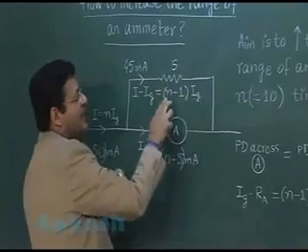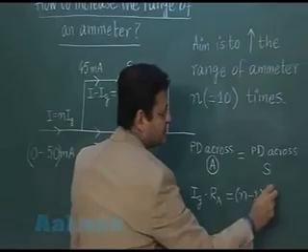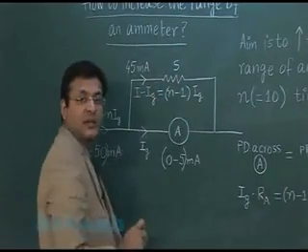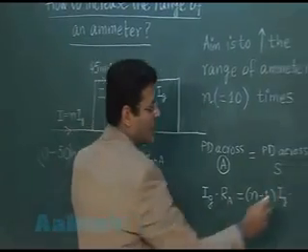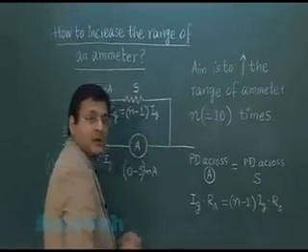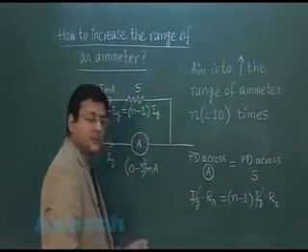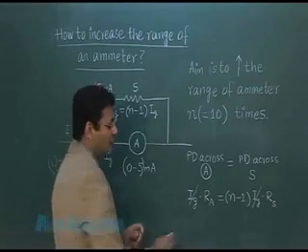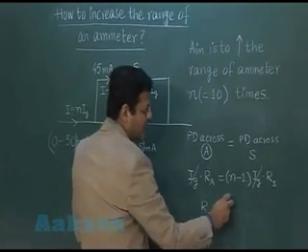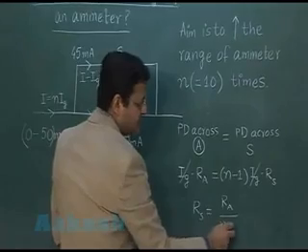Here the current flowing is n minus 1 into Ig, multiplied by the resistance of this small resistance you have connected, RS I am denoting. You understand? Now this Ig is cancelled, and this gives you an important formula that RS will become equal to RA upon n minus 1.